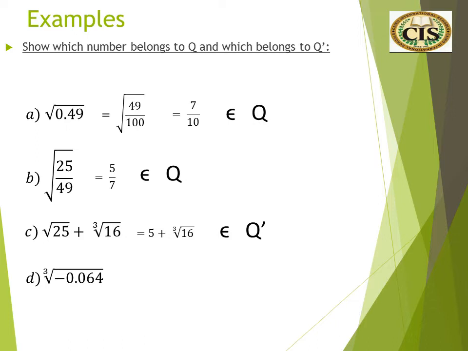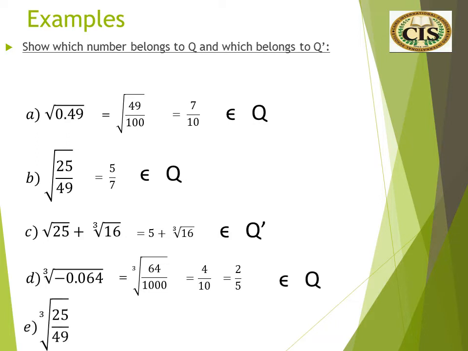The cubic root of negative 0.064 means negative 4 over 10, it's a rational number, so it belongs to Q. Cubic root of 25 over 49, we can't find a number times itself 3 times that equals 25 over 49, so it belongs to Q dash.